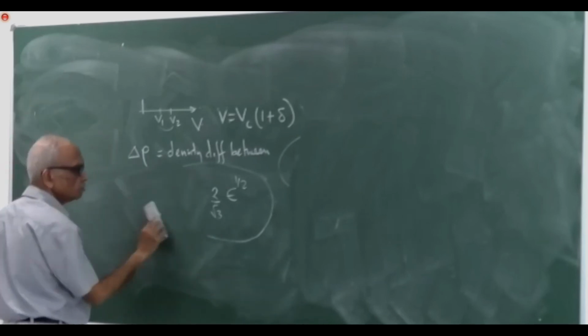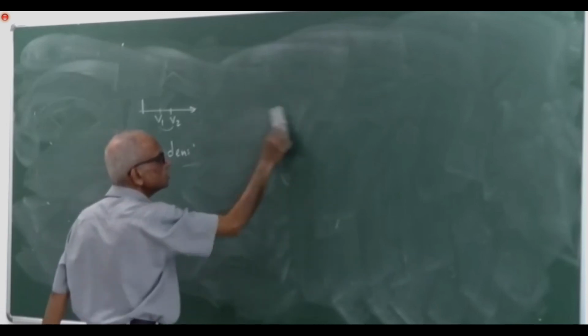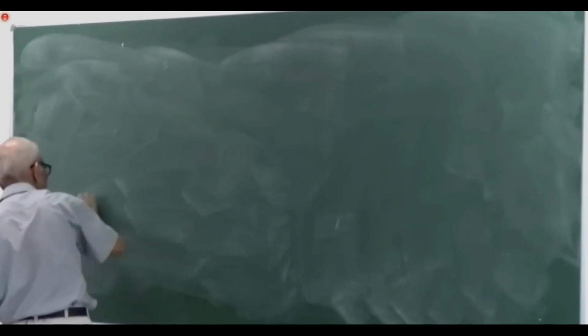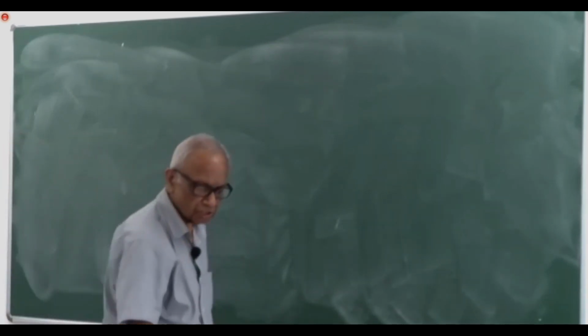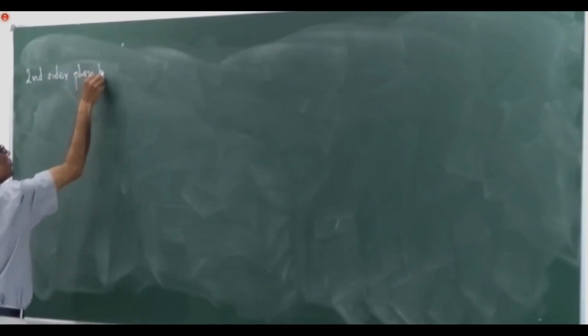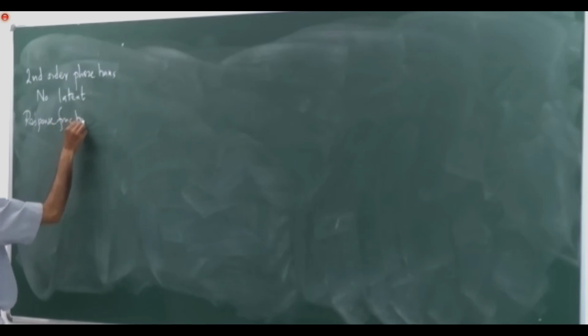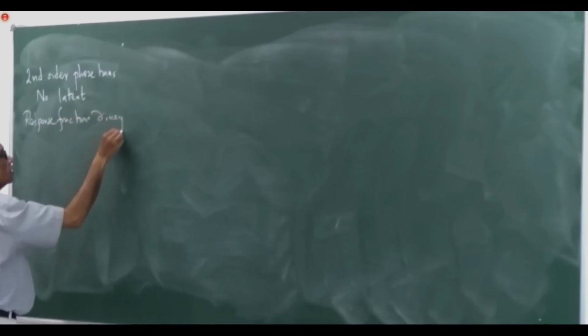So all right, so much for the van der Waals gas, that you see for the first time that there is a transition which is a transition without any latent heat. So you have a second order phase transition. No latent heat is involved in it, and you see that the response function diverges.